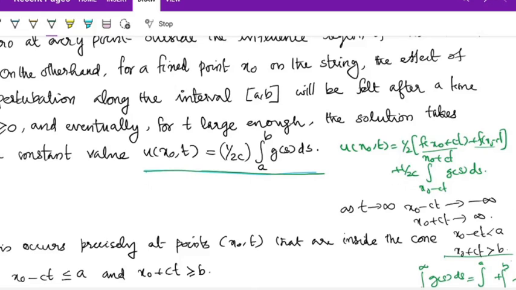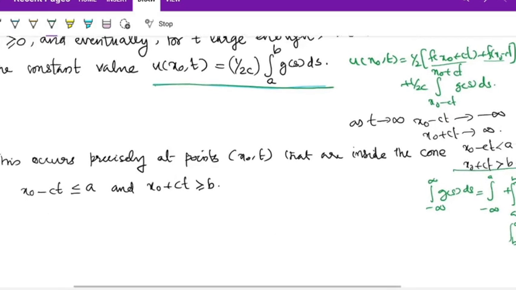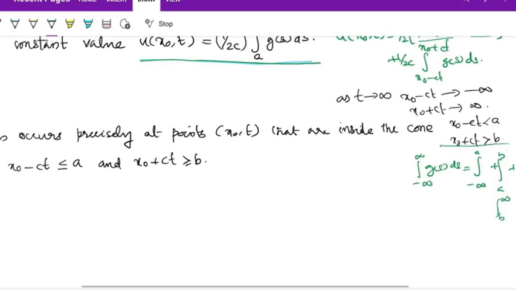And we can see that this occurs at the points (x naught, t) that are inside the cone. Which cone? We have obtained the two conditions: x naught minus ct less than or equal to a and x naught plus ct greater than or equal to b.